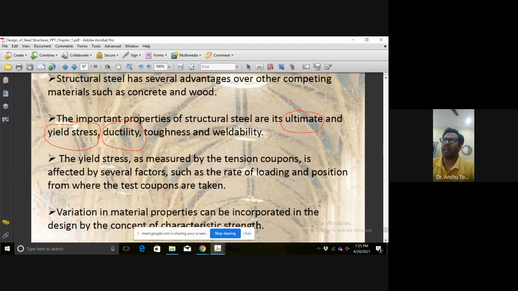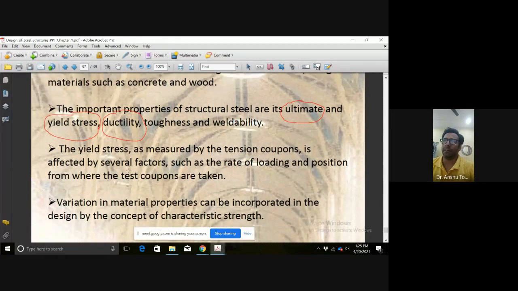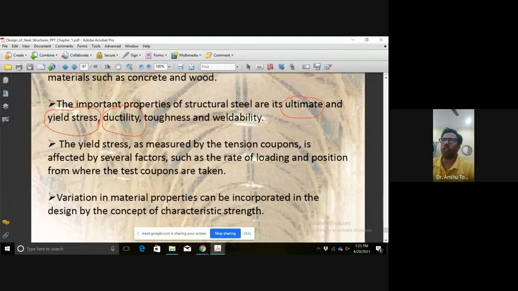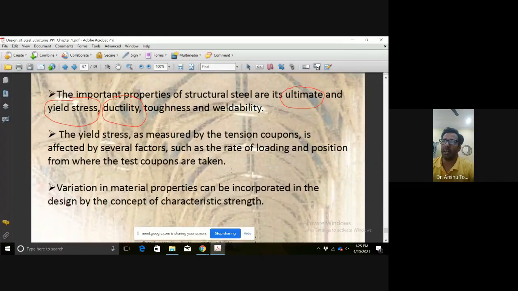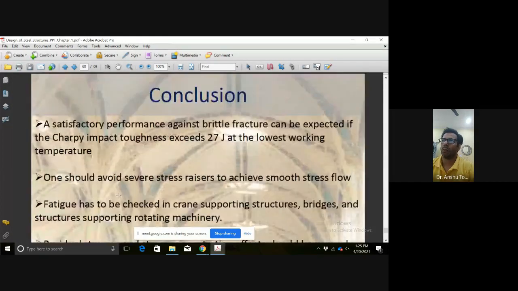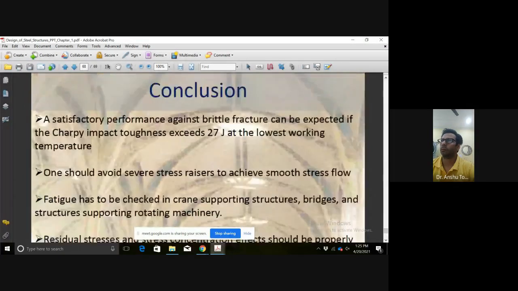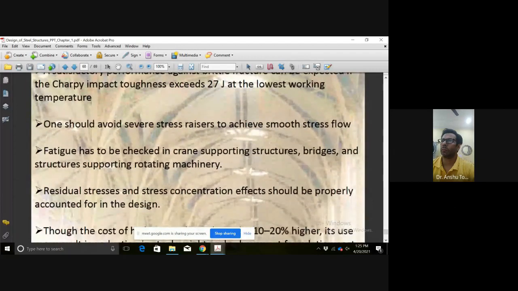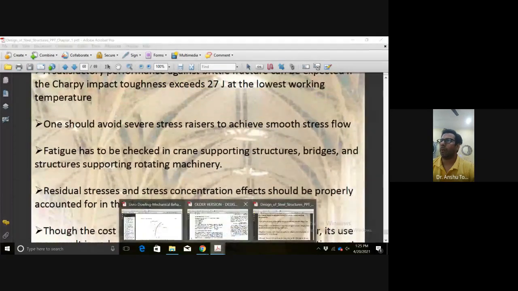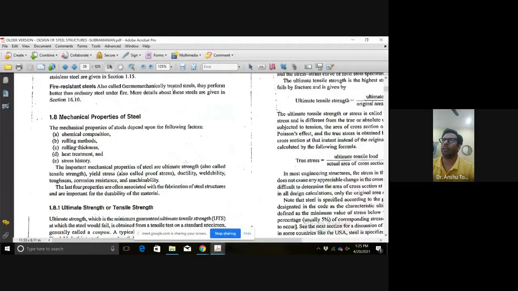The yield stress as measured by tension coupons is affected by several factors such as the rate of loading and position from where the test coupons are taken. Now I will be opening the other document.